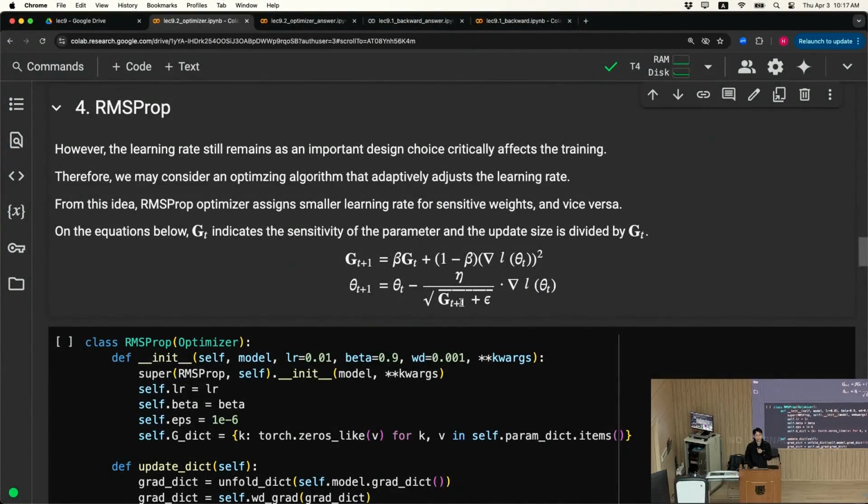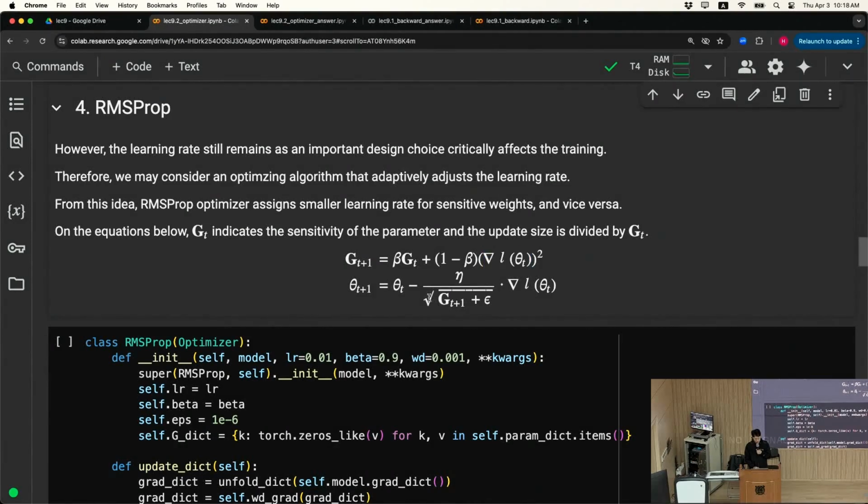Okay? Because we're dividing by the size. Without this, say the first dimension here is 0.00001. The second dimension is like 100. And you multiply the same constant eta, then the first dimension is not going to move at all, while the second dimension moves quite a lot.